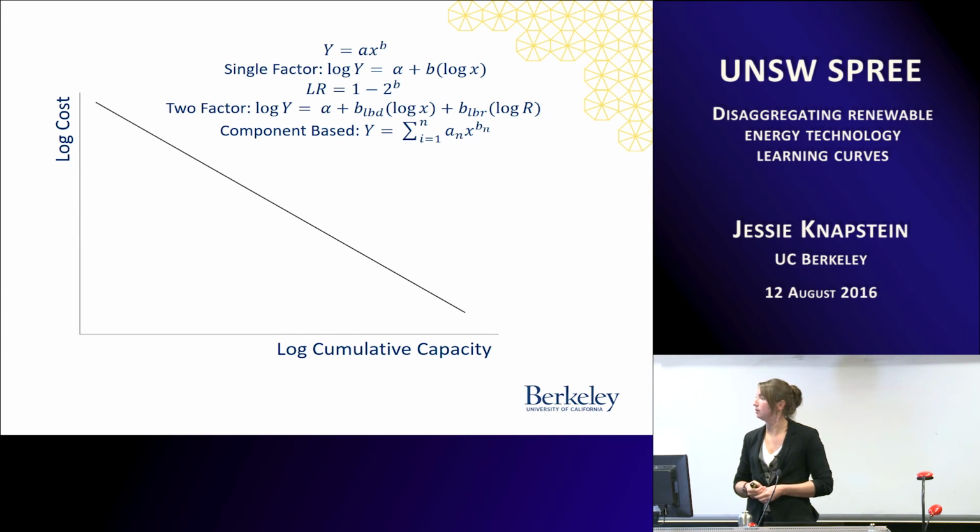I don't know if you're already intending to do it, but I think the breaking down of the learning into the manufacturing or commodity part and the downstream or balance of systems part is really useful, especially for a country like Australia, where you have learning by doing and learning by research in the R&D and manufacturing, and also in the installing and operating.